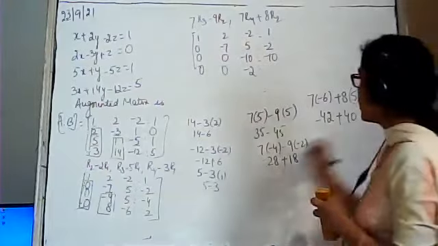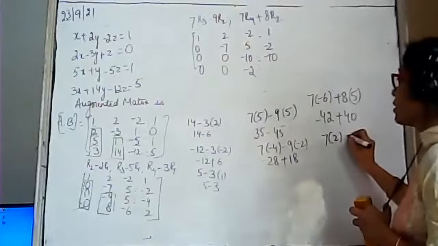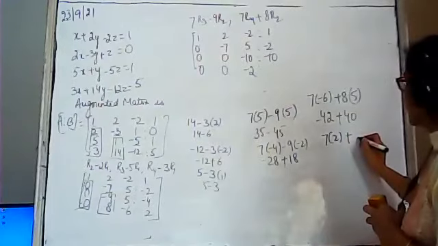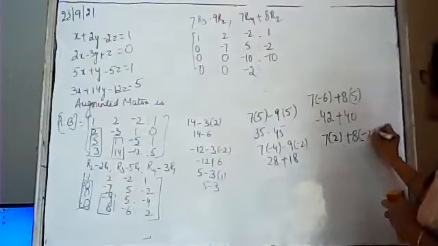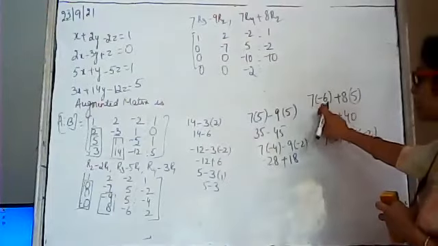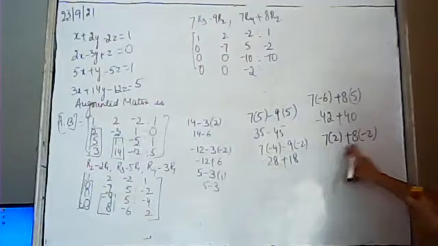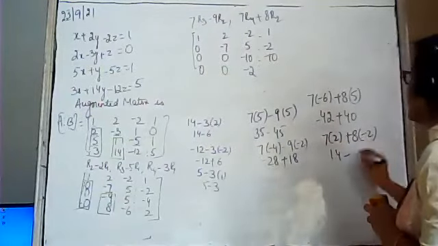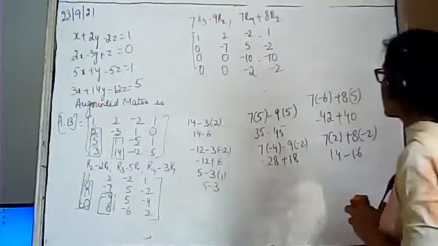After that, again, we are having 7 times R4 plus 8 times R2. R2 is minus 2. 7 2s are 14 minus 8 2s are 16. This is again minus 2. Okay?